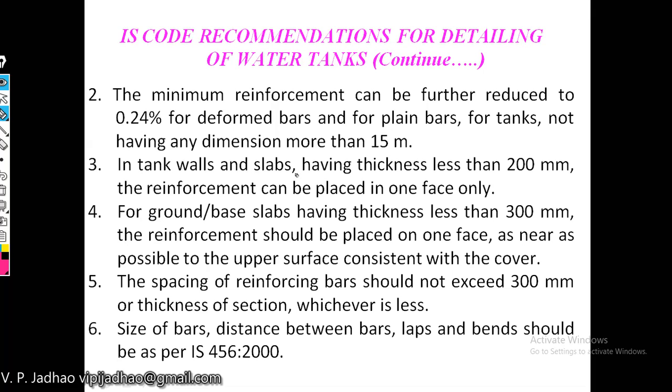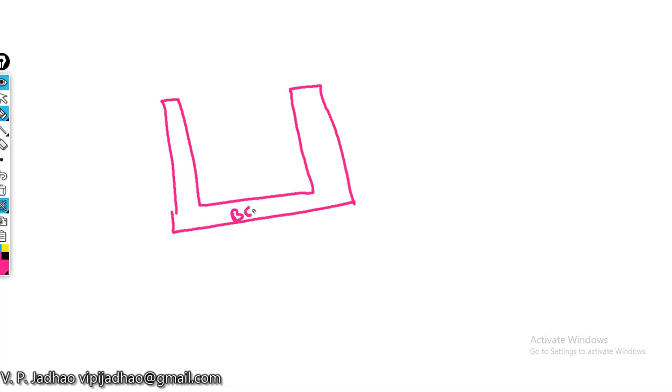Then in tanks and slabs having thickness less than 200 mm, the reinforcement can be placed on one face only. Consider this is your wall of the water tank, and this is your base.